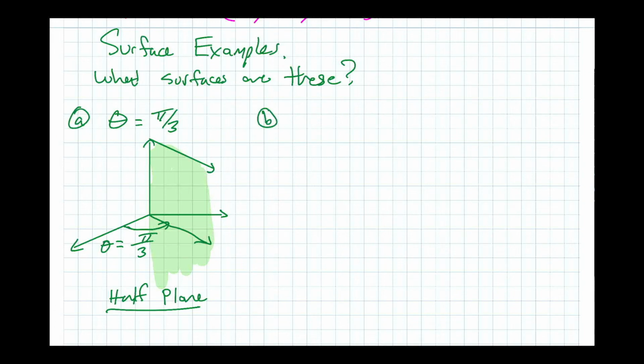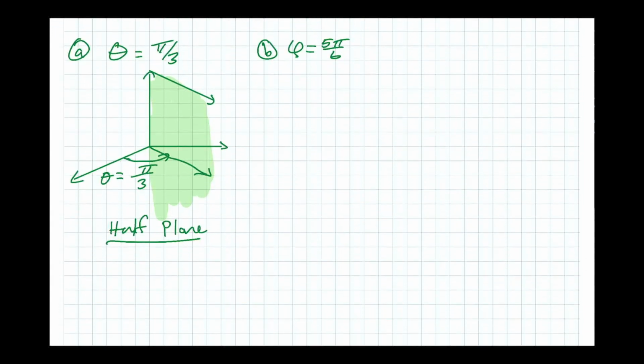Now, what if I have something like phi equals 5 pi over 6? What would that be? We have some stuff written down. 5 pi over 6 is almost 180 degrees, right? Pi is 180, and 5 over 6 is like 83% or something.